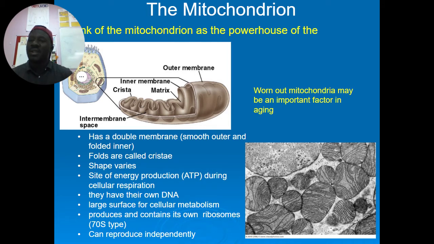The outer membrane is entire and smooth. The inner membrane is folded to form the cristae. It has its own DNA, meaning it can reproduce independently. It also contains ribosomes of 70S. It is responsible for aerobic respiration.